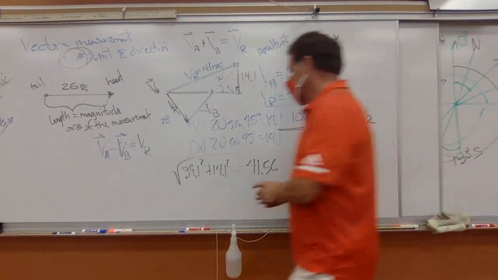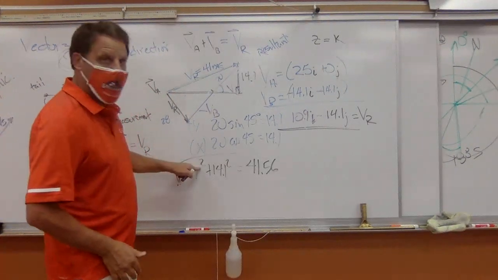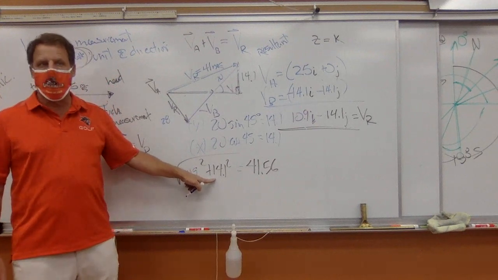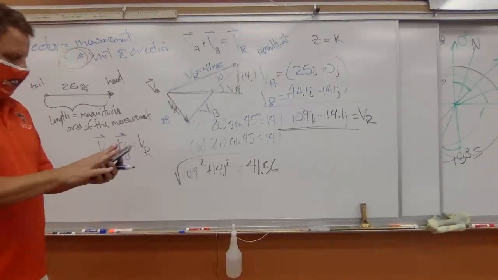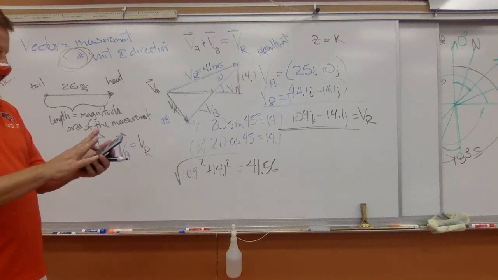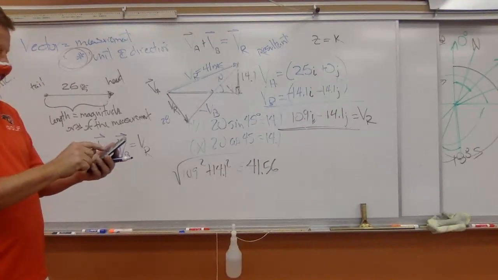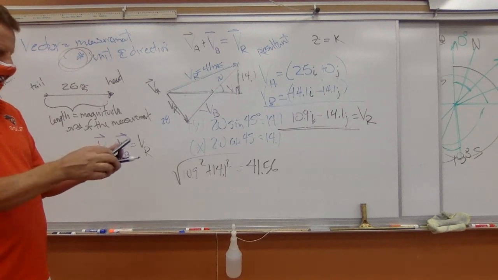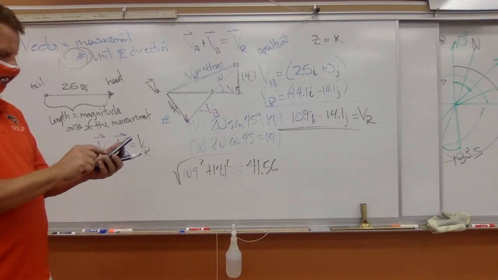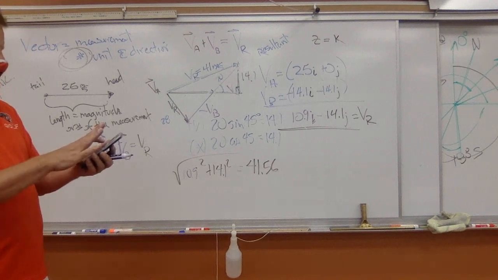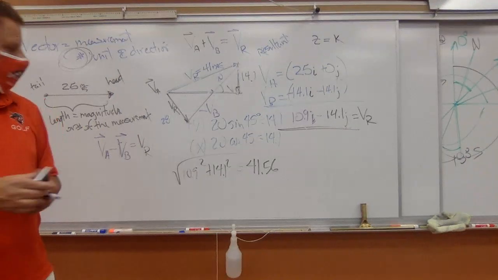But if we wanted to calculate the distance there, then we're going to have 10.9 squared plus negative 14.1 squared, which just turns it to be positive. Doing the math, the square root of that would be 17.8.